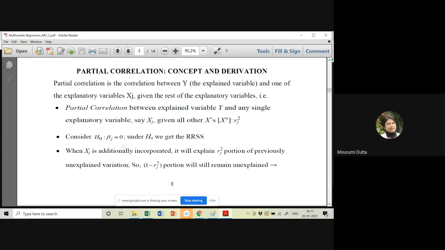So there is RRSS part. Now, if I incorporate a new explanatory variable xj, it will explain Rj square portion of previously unexplained variation. Okay, so let's try to understand this point.